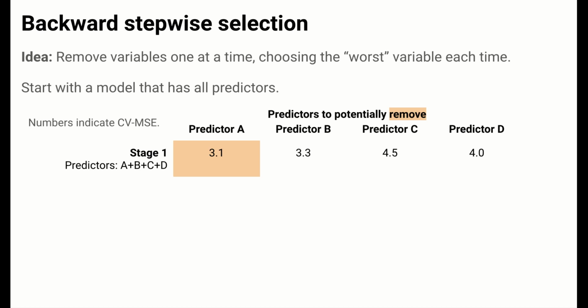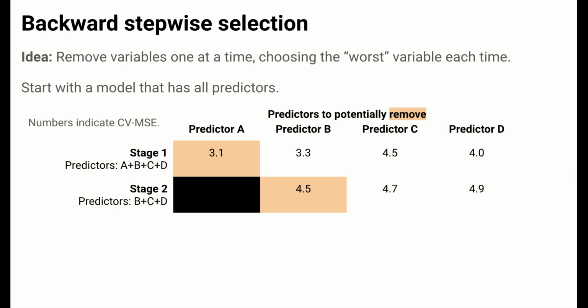Removing it does the least harm. So we remove A, and in stage 2, we start with a model with B, C, and D. We consider removing one of those 3 predictors. This time, removing B and retaining C and D results in a model with the lowest cross-validated mean squared error. Removing B does the least harm.